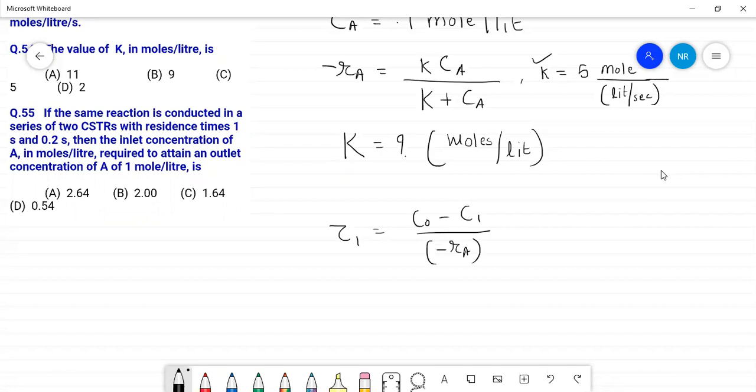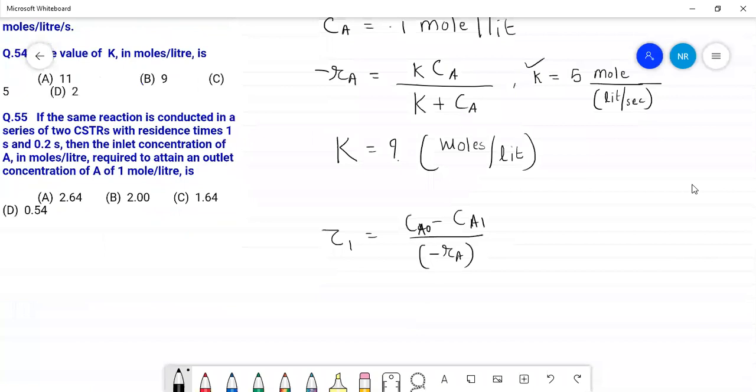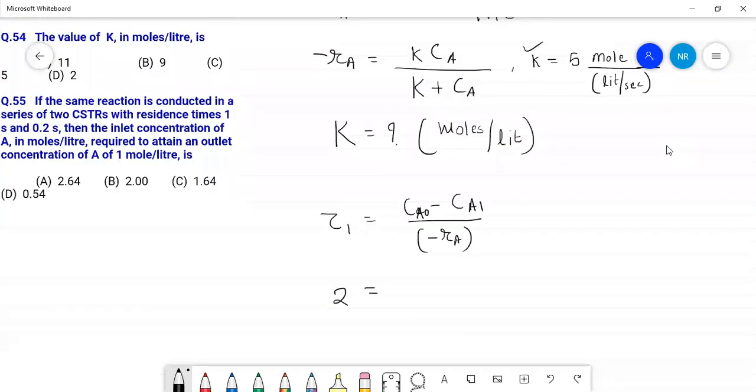So here we can write down Ca0 minus Ca1 divided by tau 1. We have a value of tau 1, that is 2 seconds. Ca0 is 2 moles per liter.